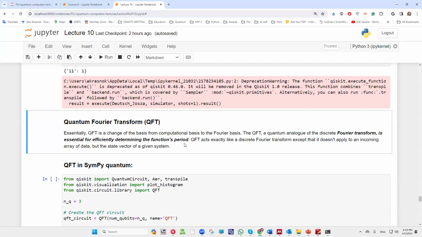So I change the basis to the Fourier basis. I do Fourier transform. So I convert the temporal signal to the frequency domain. So I can represent any signal in the frequency domain, and that's very useful.